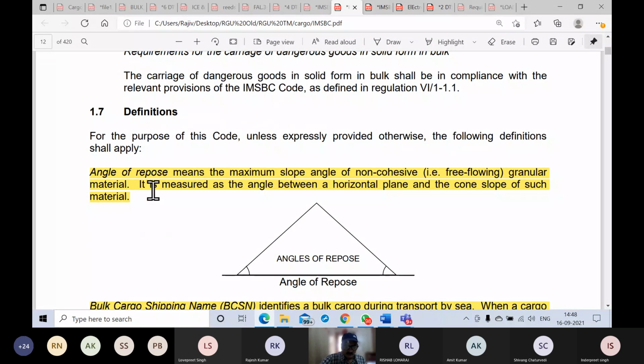One is angle of repose. Do you remember this angle of repose? The maximum slope angle of free-flowing granular material, the angle contained between the horizontal plane and the cone slope. This one. This has been asked previously, so my advice is that you note it down.